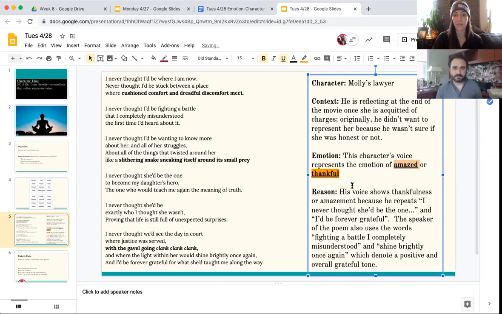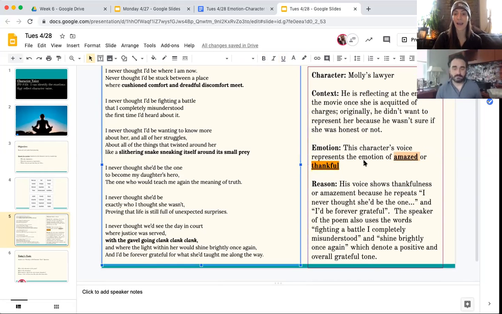And we provided some reasoning as to why these two emotions best match the poem and the speaker's voice. He shows thankfulness or amazement because he repeats, I never thought she'd be the one, right? That's repetition. I never thought, I never thought, I never thought. And I'd be forever grateful.